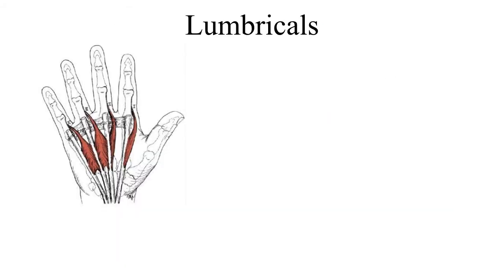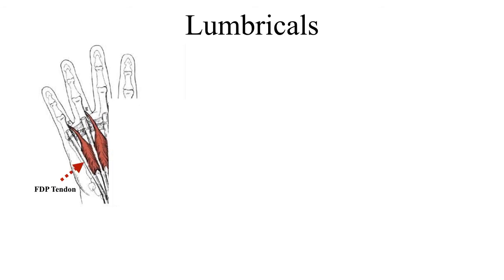Now next is lumbricals. Lumbricals are the muscles which originate from the flexor digitorum profundus tendon, and ulnar nerve supplies the medial two lumbricals, that is the lumbricals to the little and the ring finger. So what is the action of lumbricals?